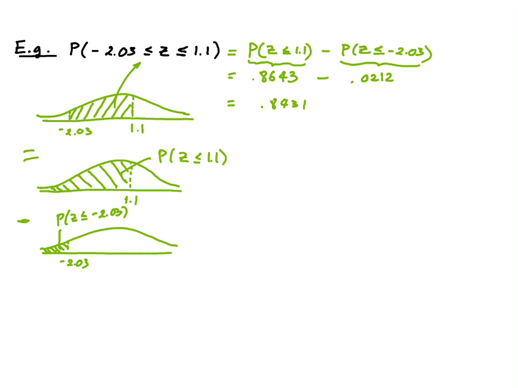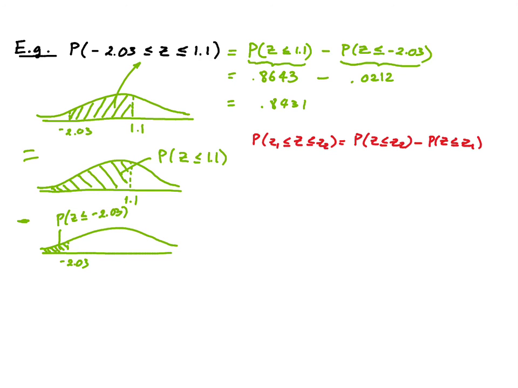Now that leads us to the second rule when it comes to using the standard normal probabilities table, which is that the probability that z1 is less than or equal to z less than or equal to z2 is equal to the probability that z is less than or equal to z2 minus the probability that z is less than or equal to z1.